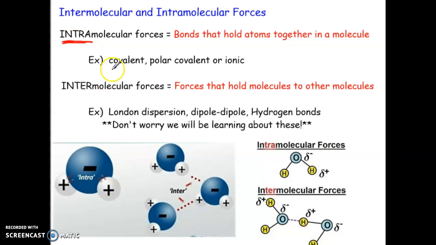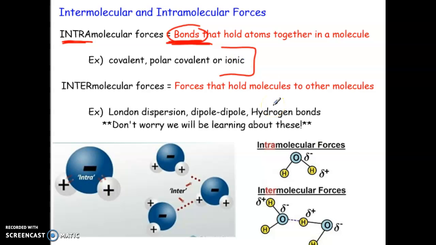Intramolecular forces is actually something you've already learned about. Intramolecular forces is another way of saying bonds. So when the question is asking what the intramolecular forces are for the following molecule, they're talking about what types of bonds that molecule has. Really there are 3 options: covalent, polar covalent, or ionic, which is what we've been spending time doing over the last few lessons, right?